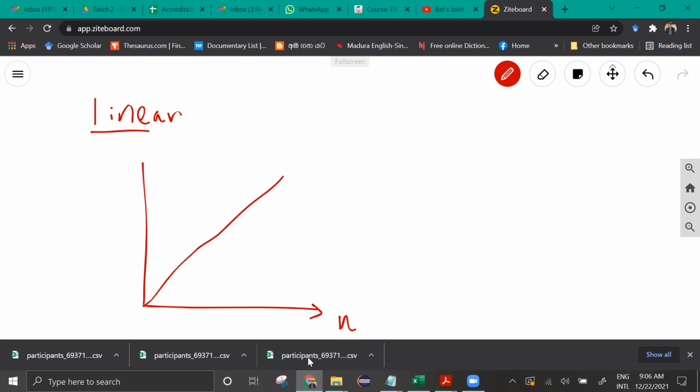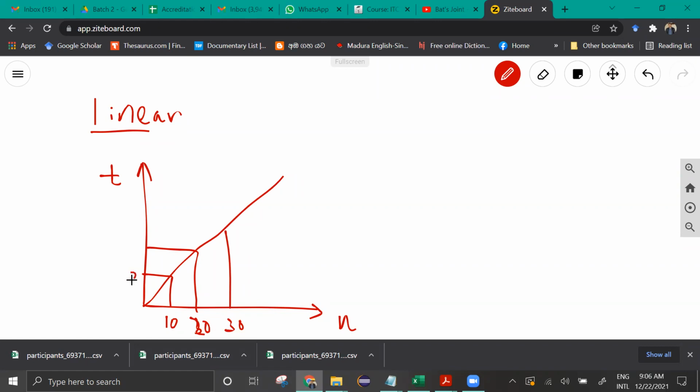When n is changing, the t is changing in the same way. Suppose this is 10, this is 20, and then 30.